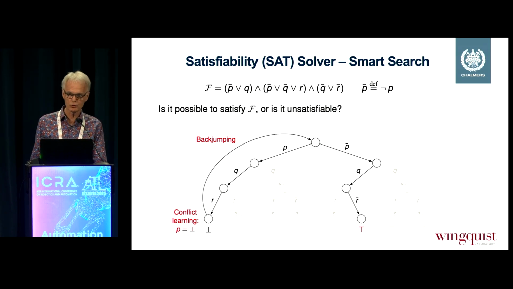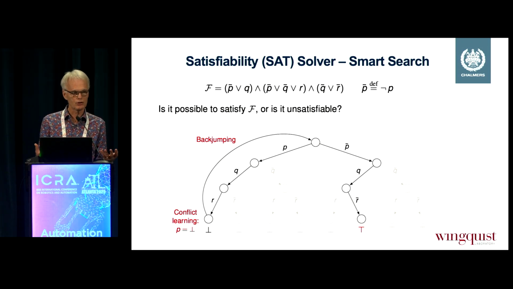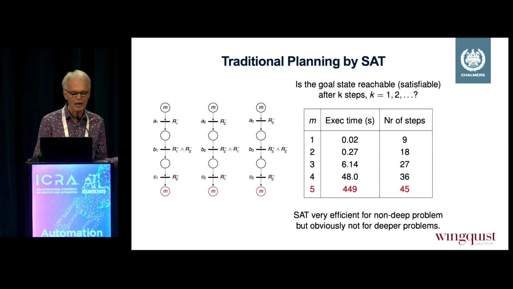That has been used both in planning and formal verification. How this works is simply a smart search. I don't think I will take time to explain that more right now. I just go on to the next slide and actually evaluate this type of SAT solver for traditional planning.